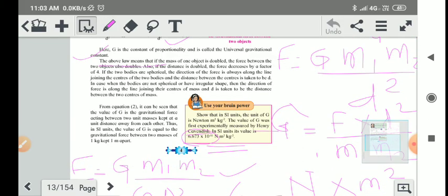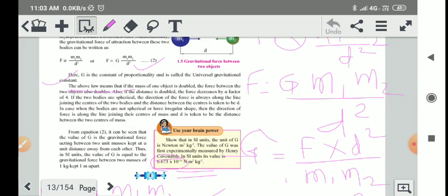Okay, so this is about the universal law of gravitation by Newton. So what is the statement? The statement of this universal law is: every object in the universe attracts every other object by a definite force, and that force is directly proportional to the product of their masses, and inversely proportional to the square of the distance between them.